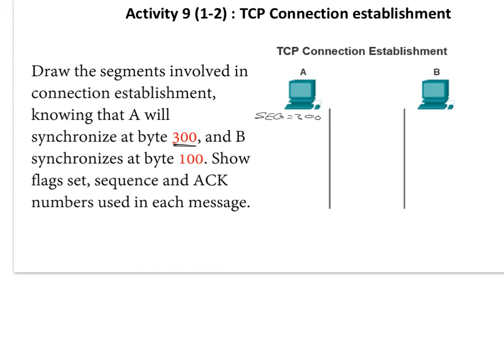Okay, at the beginning we don't need to acknowledge anything, so no acknowledgement. And since we want to establish a connection, we want to set the sync flag, right? Because it's not an acknowledgement, we don't need to set the acknowledgement flag, so that's it. And when we send the message, so this is the message, now we need to send it.